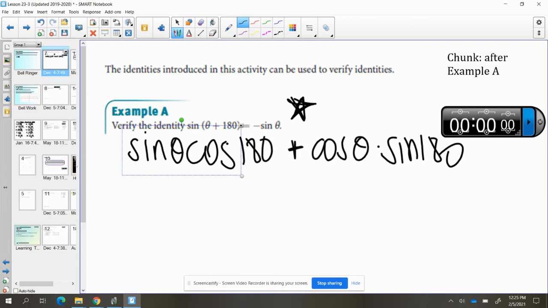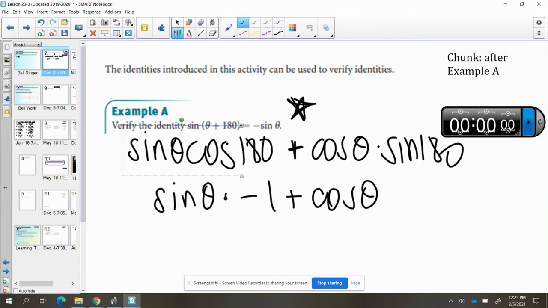Sine of theta is not going to simplify, but cosine of 180 is -1. Cosine theta won't simplify, and sine of 180 is 0, so these cancel, and we're just left with that negative sine theta. So with verifying, you're just trying to make one piece equal the next piece.